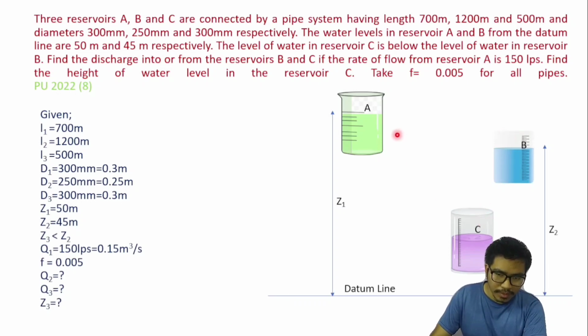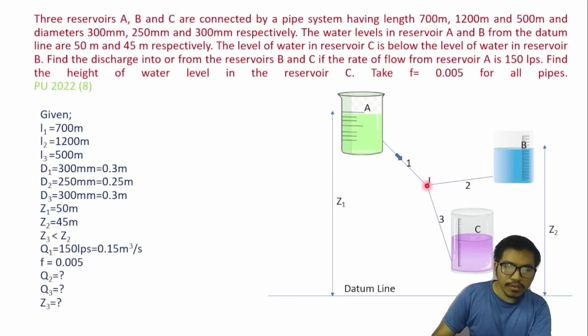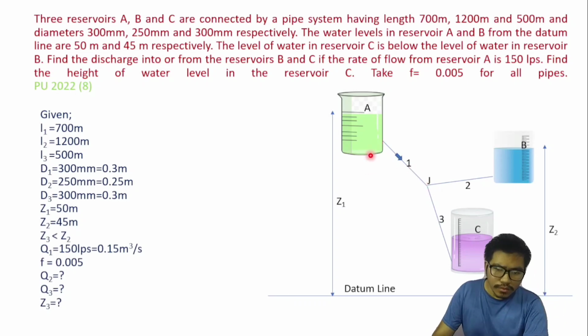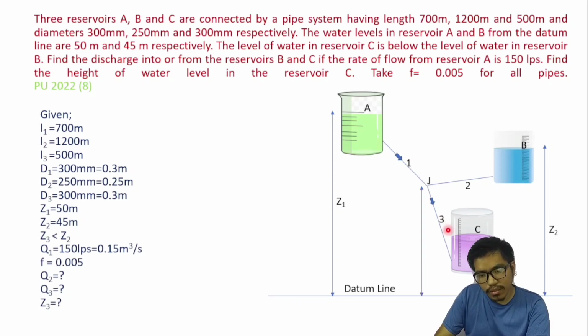Now the next step is to connect the pipes. Pipe 1 connects A, pipe 2 connects B and pipe 3 connects C to the junction J. This reservoir is at the top, so water flows from A to J, and Z3 is smallest, so water flows from the junction to C, and elevation of junction J from the datum line is ZJ.